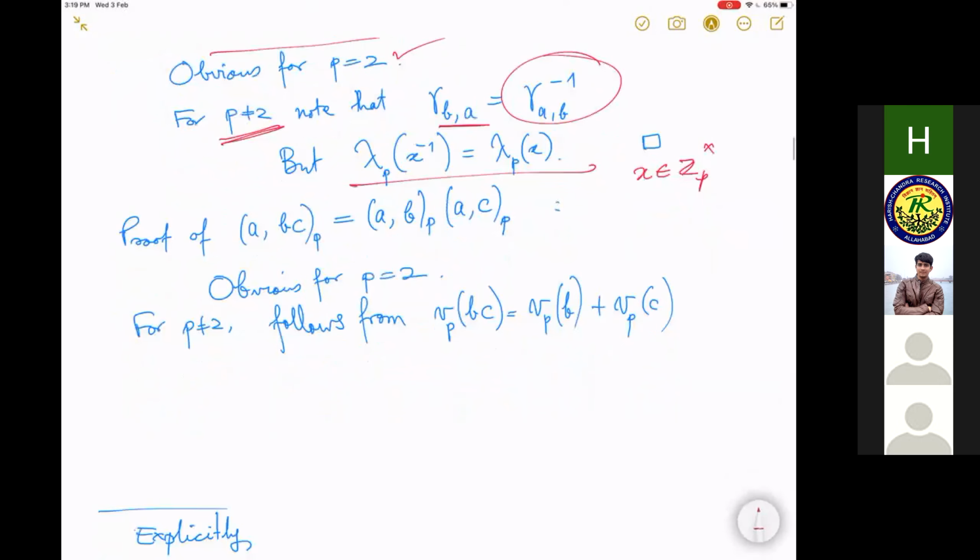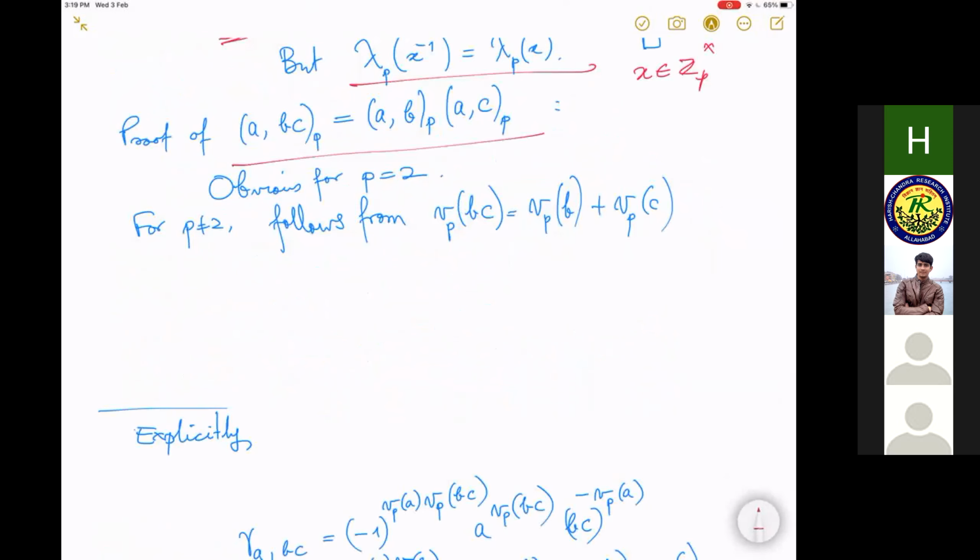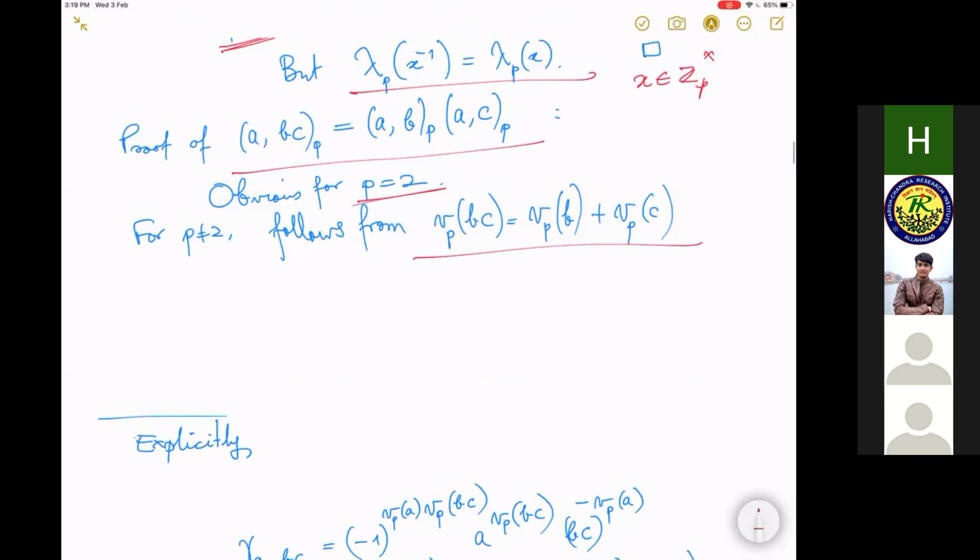So let's come to this multiplicativity here. Again, maybe this is obvious for p equal to 2, or maybe it follows from the fact that these things are homomorphisms, right?